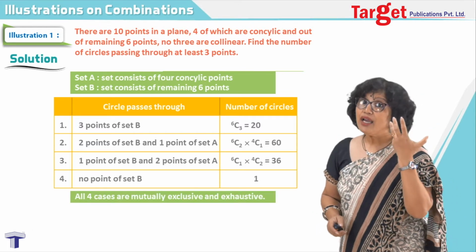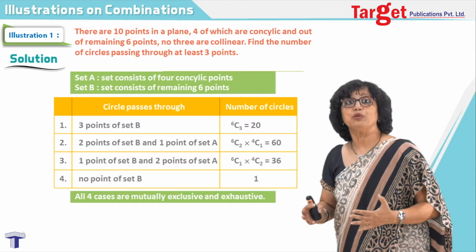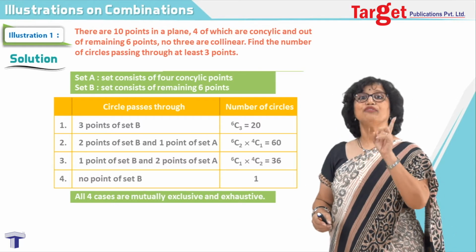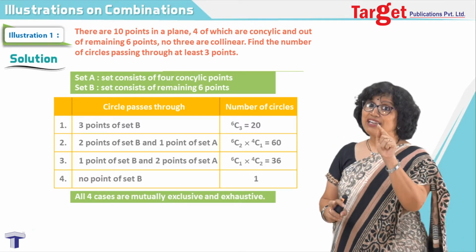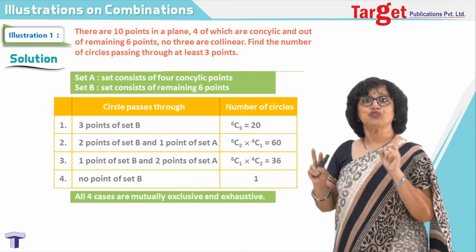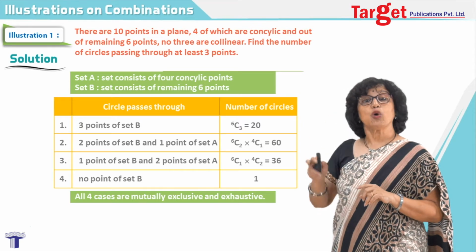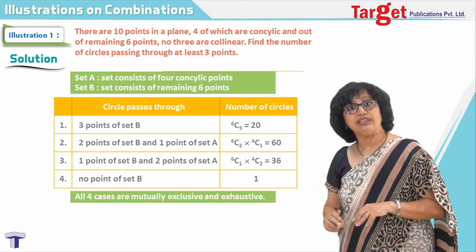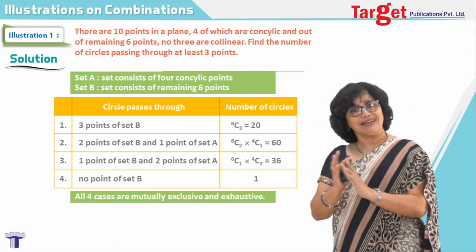So my situation tells me that I may be in a position to apply, yes, which principle? Addition principle. But for the addition principle, one requirement was there. When we used it for two sets A and B, we said A intersection B is empty. So obviously in this case, we will have to see whether all cases are mutually exclusive or not. Exclusive means nothing common.